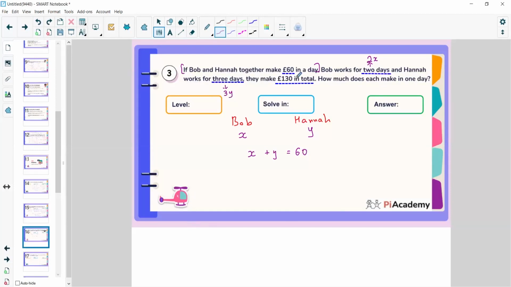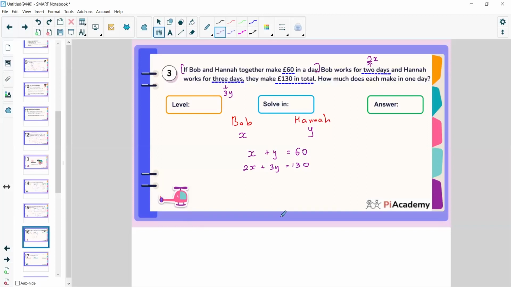Right? What is given? They make a total of 130. So 2x plus 3y, they make a total of 130. So guys, come on, quickly try to solve this simultaneous equation and share the answers. Okay. Again, don't take more than a minute, as this question is pretty simple.